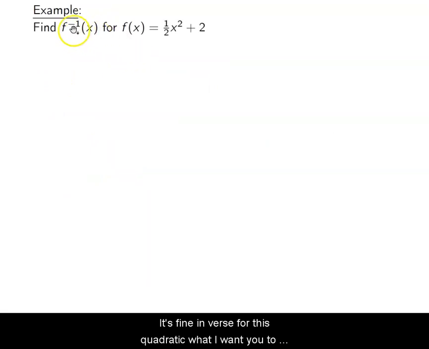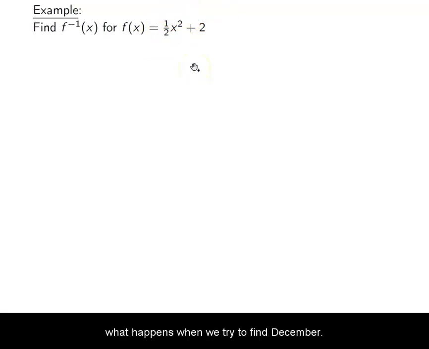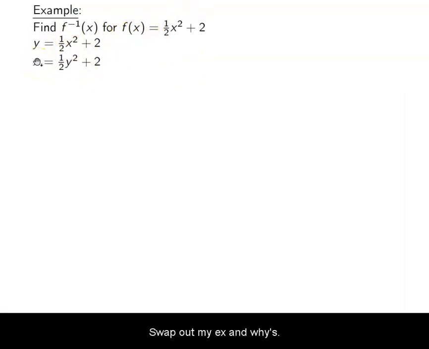Let's find f inverse for this quadratic. What I want you to notice is we've already talked about this: quadratics are not one-to-one. They do not have inverse functions. So what happens when we try to find this inverse? I'm going to replace f of x with y and swap out my x's and y's.